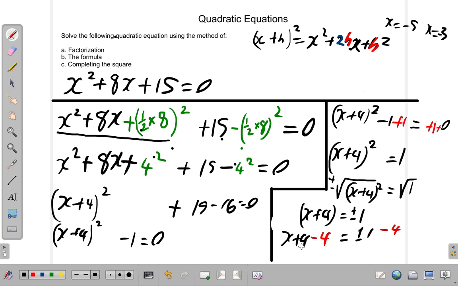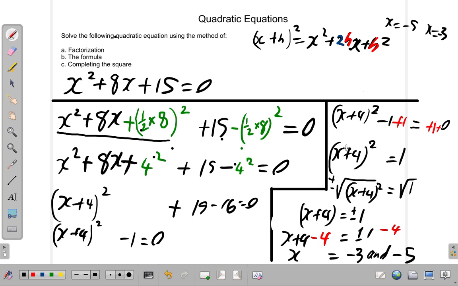Now, this leaves you with x equals positive 1 minus 4. 1 minus 4 is negative 3. And negative 1 minus 4 is negative 5. So again, you see, you get the negative 3 and the negative 5. Same answer as with factorization and the formula.